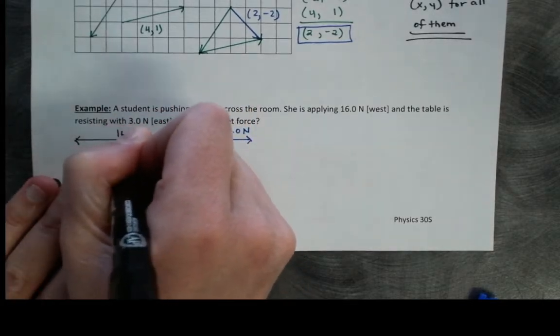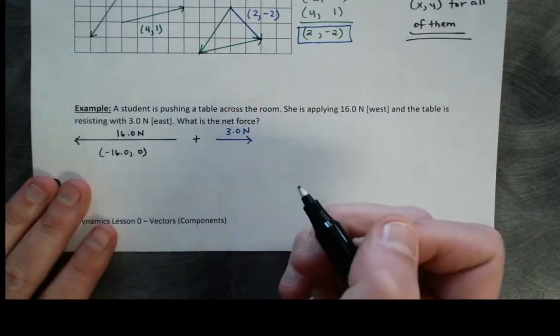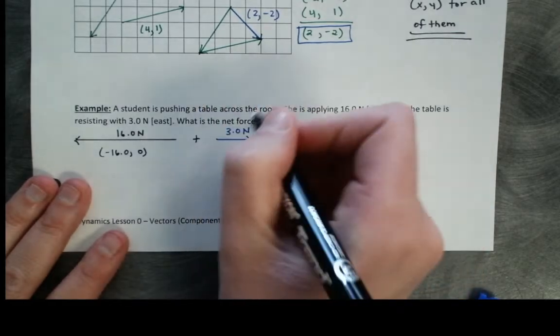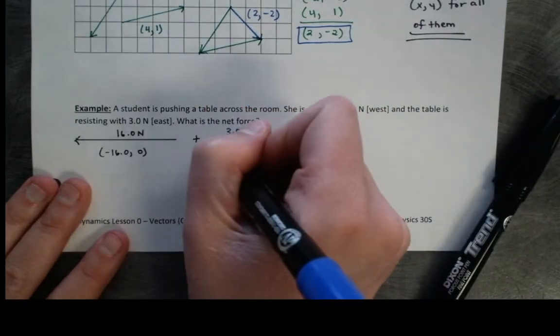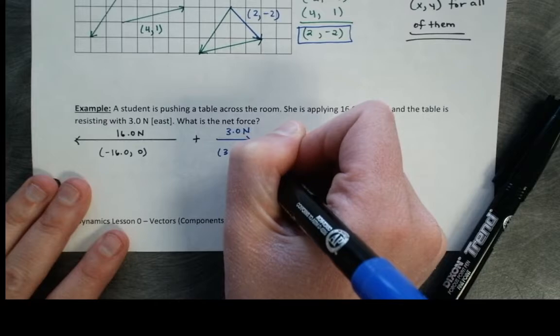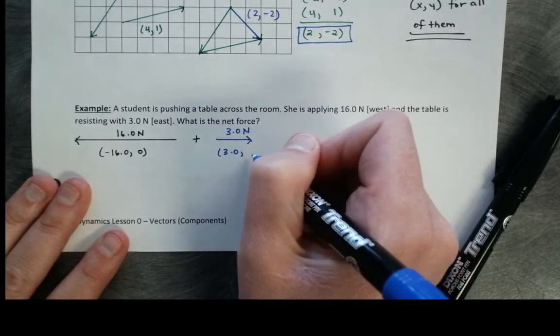Our x here is negative 16. Our y is 0 because there's no up or down. Here, our y is 0. Our x is 3 to the right, so plus 3.